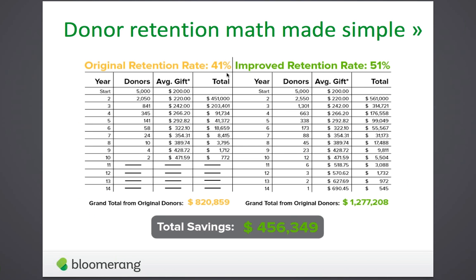You have that same $100,000 difference for the next couple of years. Overall, the group on the left raises $820,000 out of a 5,000 donor database. On the right, almost $1.3 million. So it's a difference of over $450,000 from just a 10% change in the retention rate.